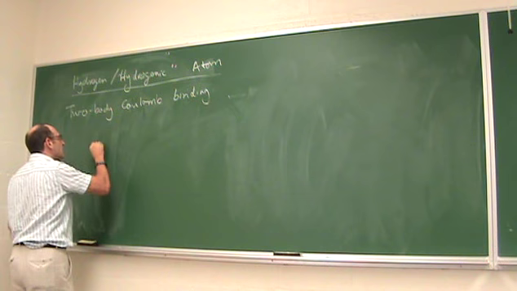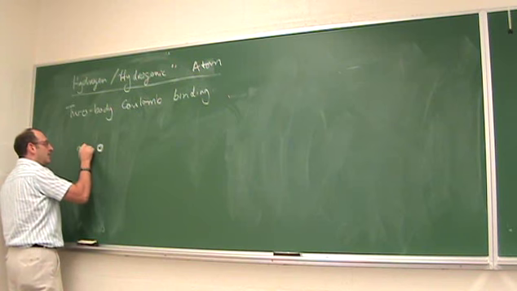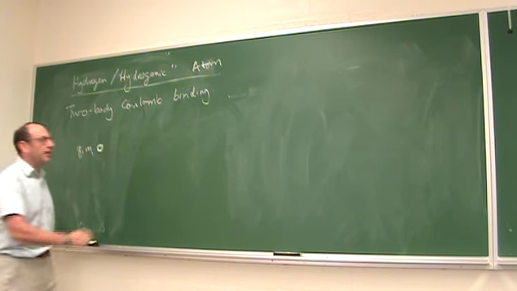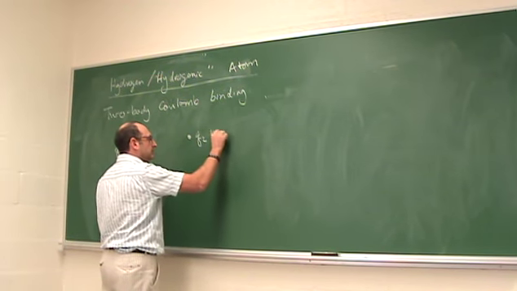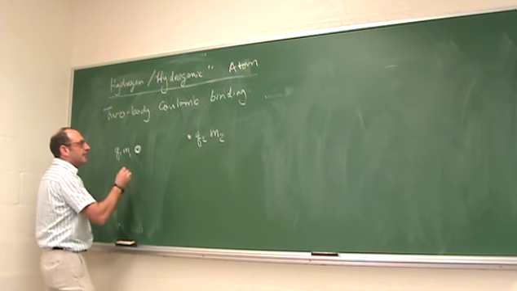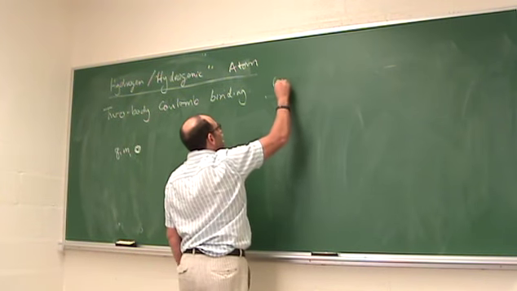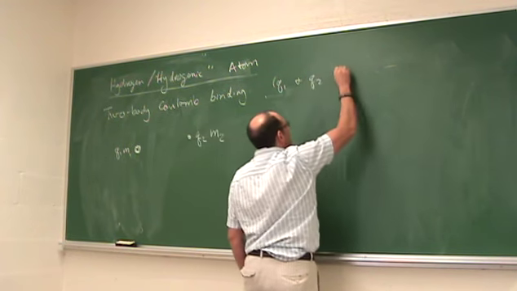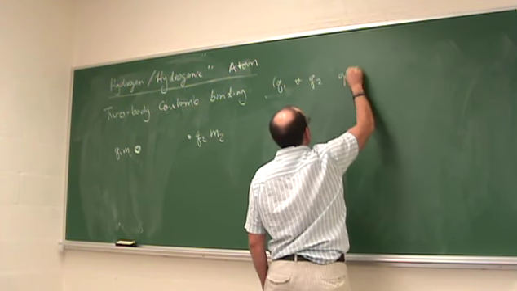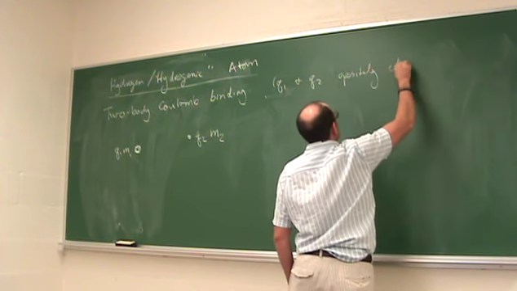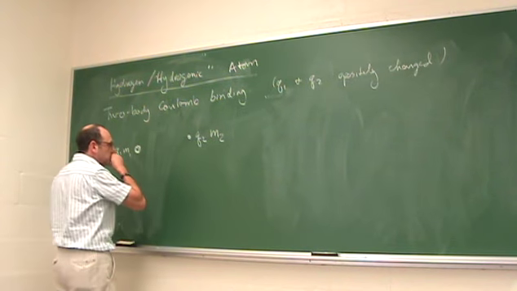So what I have here is a particle with charge Q1, mass 1, another particle with charge Q2, mass 2, and they're oppositely charged. And they bind to one another.